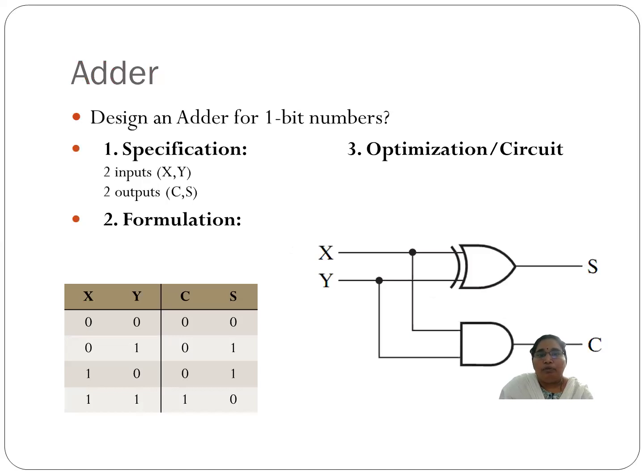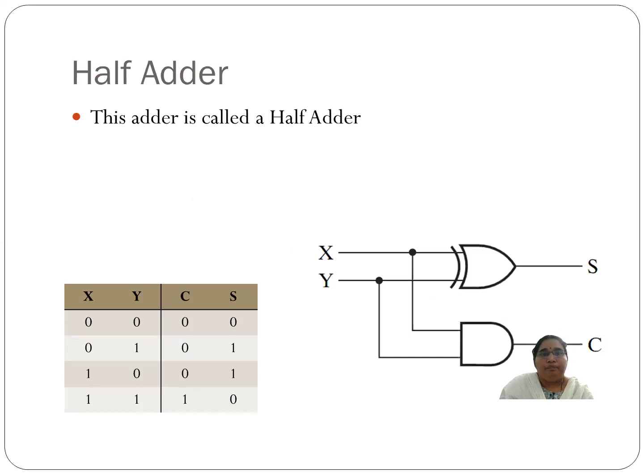So we are taking a 2-input XOR gate here, connecting the two inputs X and Y, and taking the output as sum out. So to implement a simple 1-bit addition, we need an AND gate for carry and an XOR gate for sum. This circuit is called a half adder, which adds two 1 bits of information.